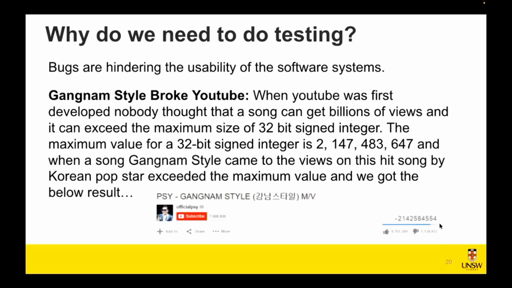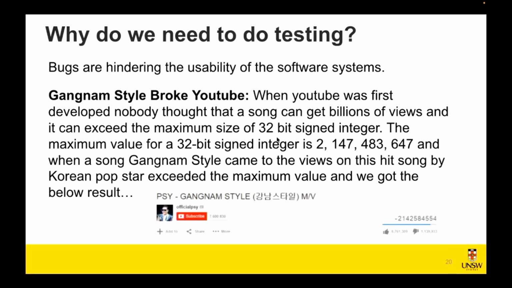For example, if you watch Michael Jackson's video, a lot of people are saying, okay, let's run for maybe 1 million or 10 million this year or something like that. There's a count for the number of views, and the developers didn't expect that a video can get billions of views when they developed the website.